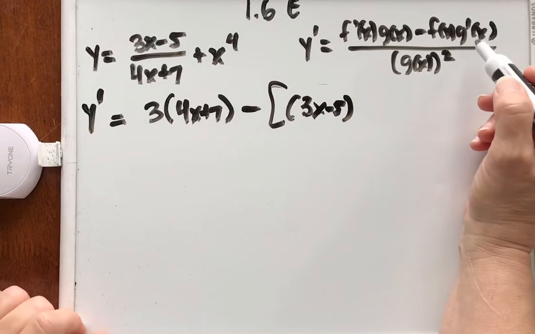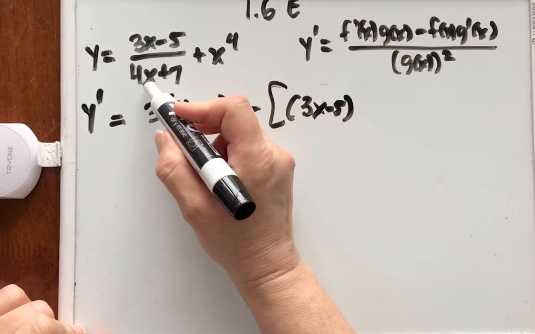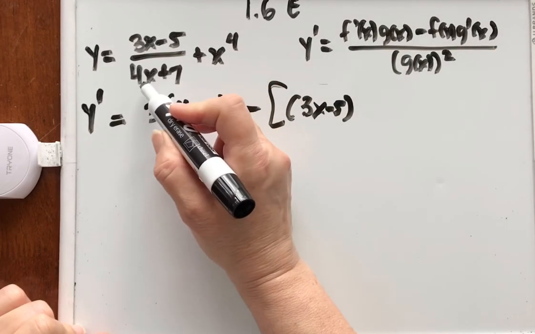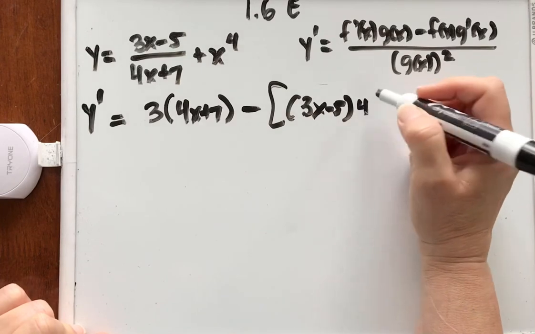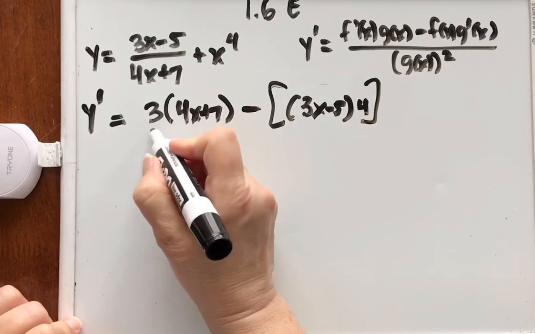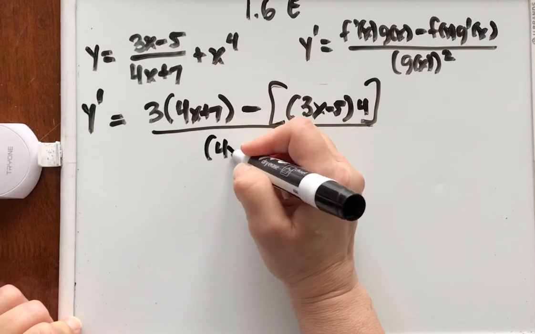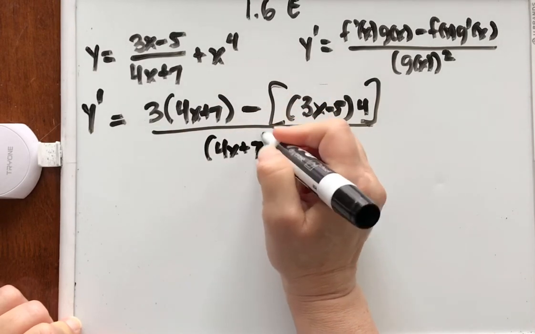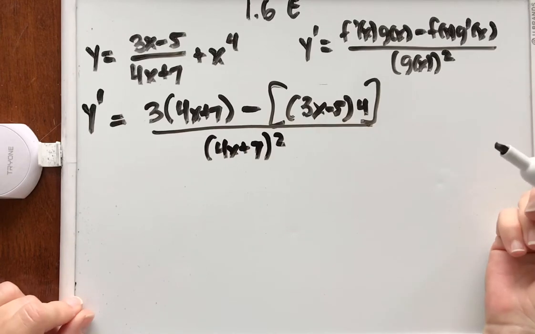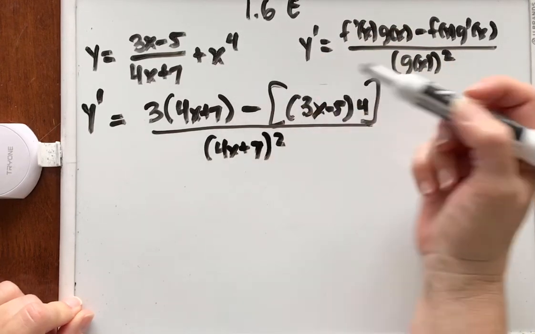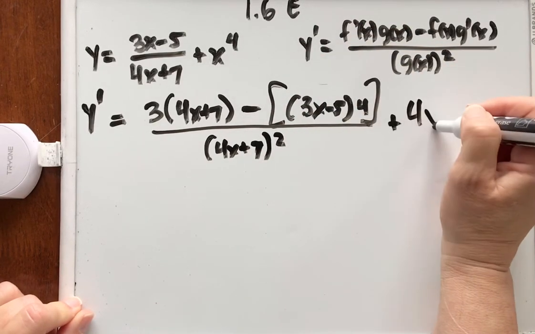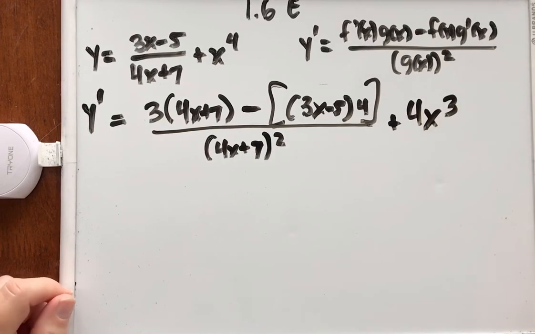And we're going to multiply that by g prime of x. So we look over here, this is g of x, we're going to take the derivative of this, and that's just 4. Okay, all over g of x squared. So we're going to take 4x plus 7 squared. Now this over here, that's just 4x cubed. Take the derivative of that.